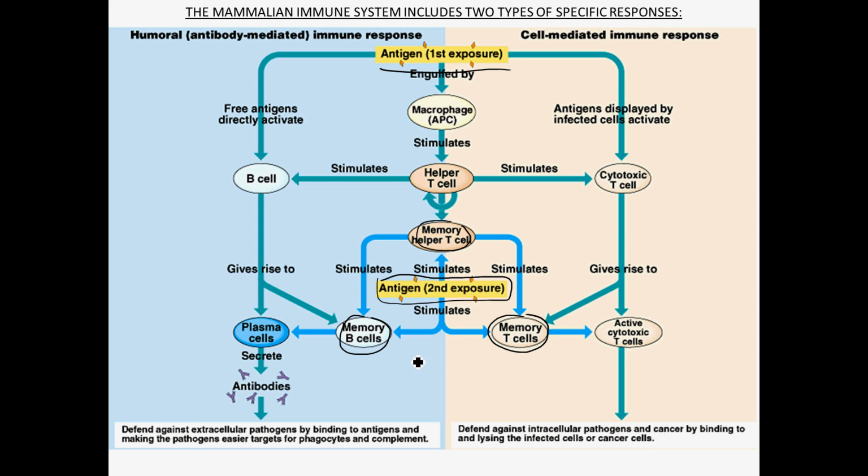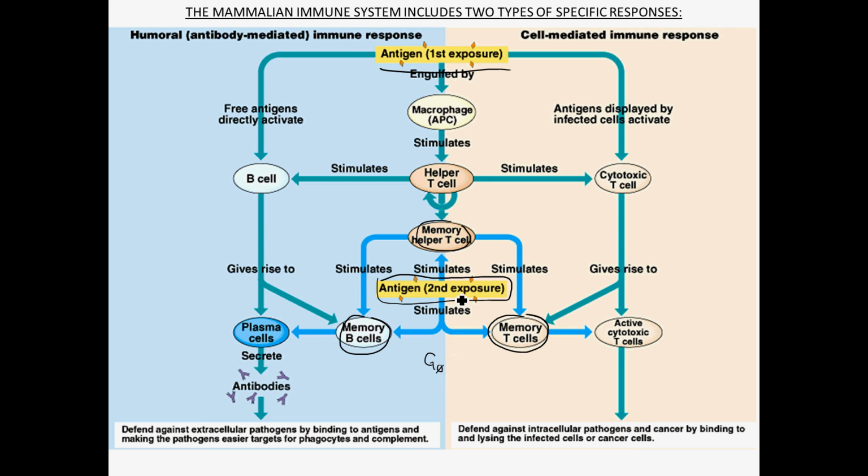And these are memory because they are produced and just sort of present in the body and not really activated. They're not dead, but they are in this dormant resting state. You might even say that they are in the G0 phase of the cell cycle, not actively dividing, just being maintained there.